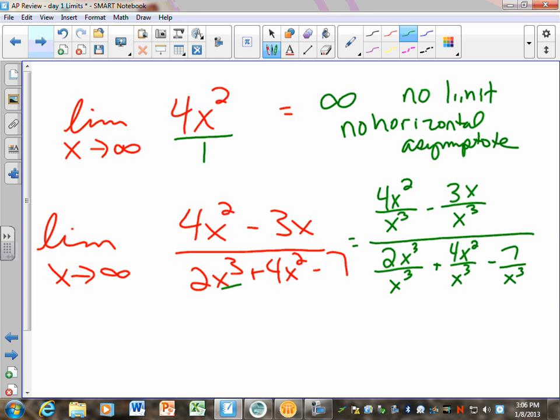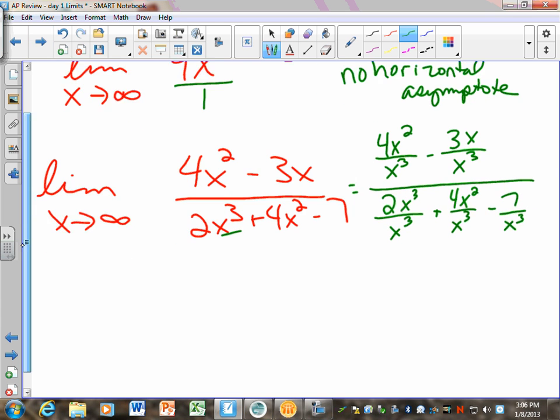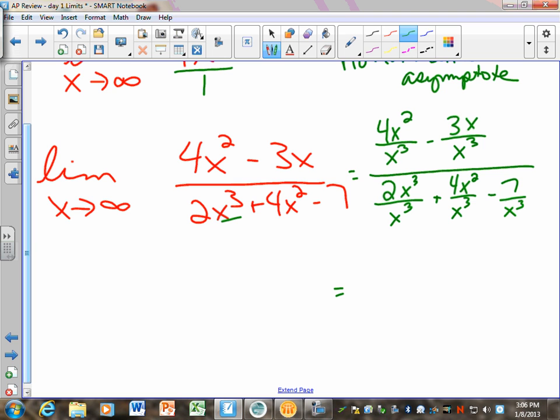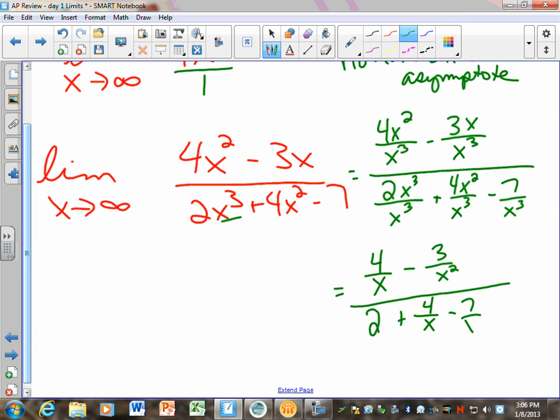And I'm going to go through and simplify this, and the more you do it, the less time you'll spend on it. But if you agree, x squared over x cubed would be 4 over x minus 3 over x squared, all over 2 plus 4 over x minus 7 over x cubed.